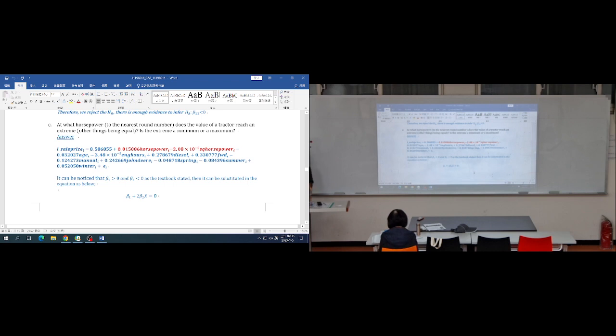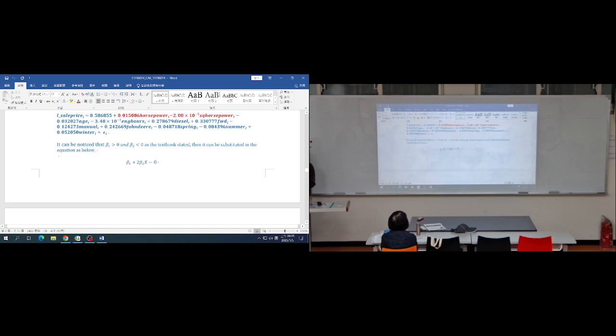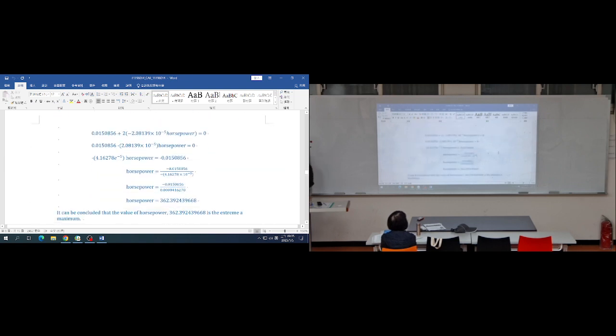I read it in the textbook. I forgot the page. The textbook said that beta 1 is greater than 0 and beta 2 is less than 0, and then I use this equation to calculate.